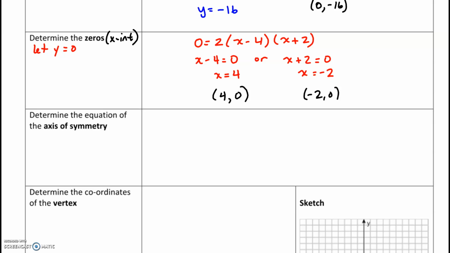So we're going to write little reminders on the side here, because this is something new and you'll probably forget it. So the first step is to let y equal 0. The second step is to set each factor equal to 0.